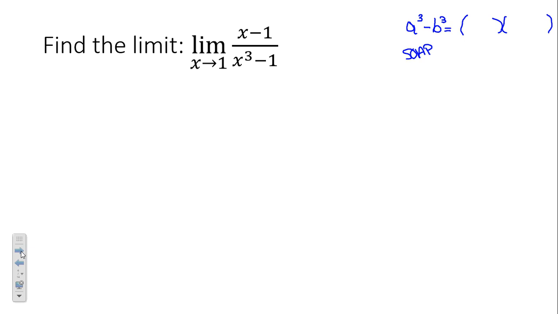So because this is negative, we're going to have the same sign, the opposite sign, and then always positive. So we strip off our cubes. The cube root of a cubed is a, the cube root of b cubed is b, and then we square the first, a squared, multiply them together, ab, and square the last. So how will x cubed minus 1 factor?